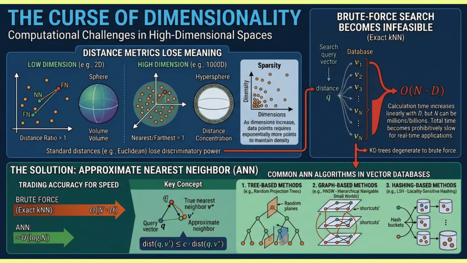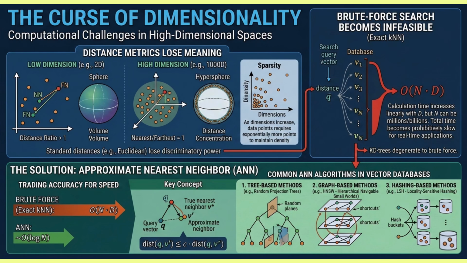Even indexing methods like KD trees, which work well in low dimensions, degenerate into brute force search in high dimensions because the number of possible partitions grows too fast, and points appear in too many partitions due to sparsity.